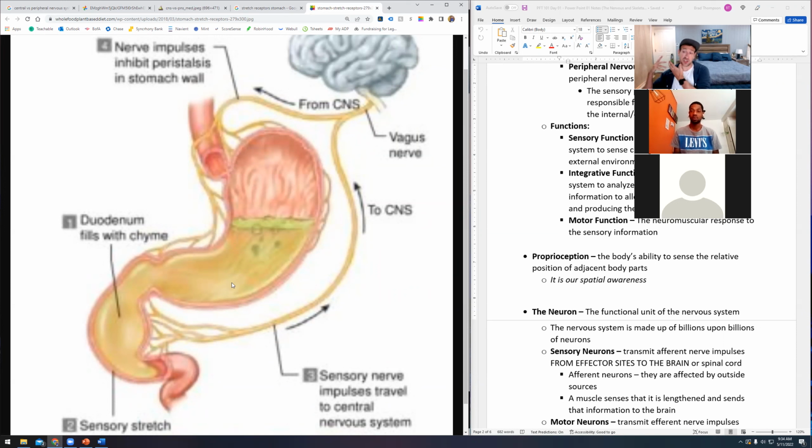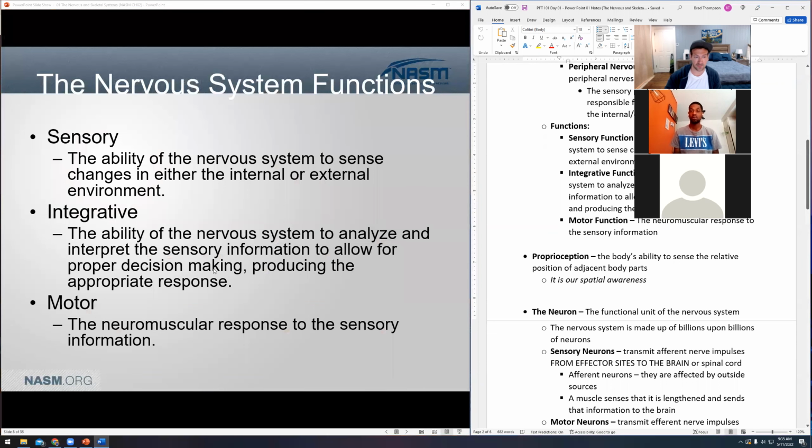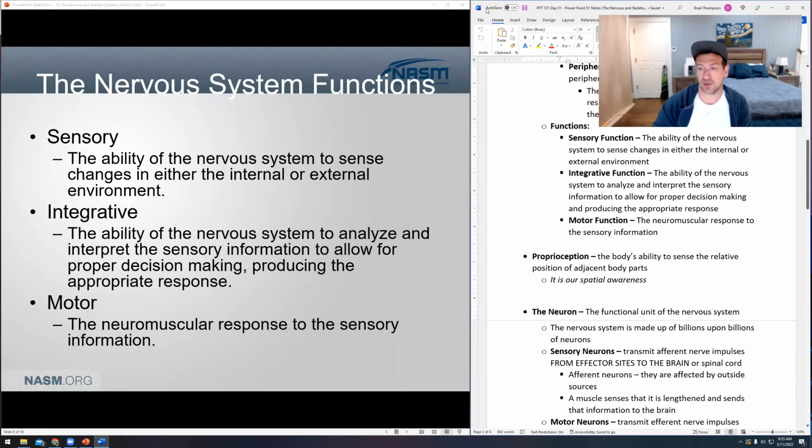So sensory information goes towards the brain, so your brain knows what to do. And then motor information comes back in the opposite direction, right? This is the neuromuscular response to motor information. So again, I grab a 10-pound dumbbell, sensory information goes into my brain, which then interprets it, we'll look at that in a second, and then motor information comes from my brain to move it with the appropriate amount of strength.